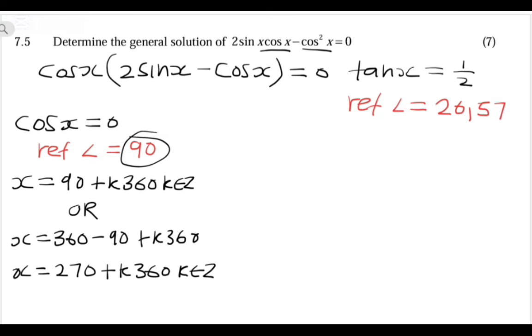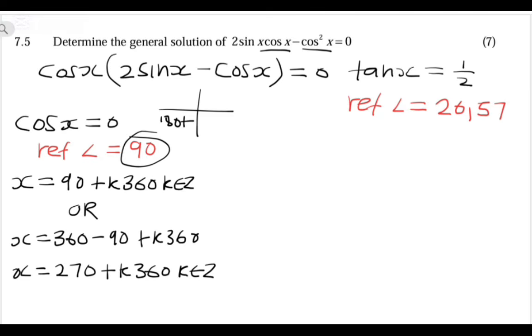Now that we have our reference angle, we need to understand that we're going to look for the general solution where tan is positive. So where is tan positive? If we have our CAST diagram, it is positive in the third quadrant where 180 is plus, and also here in the first quadrant.